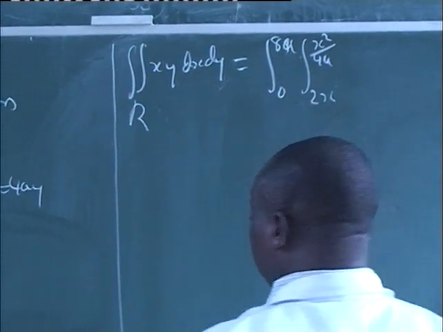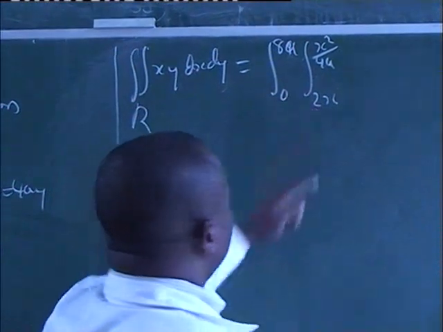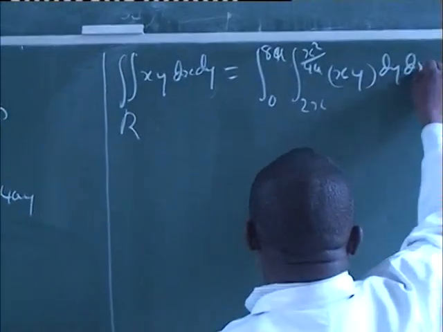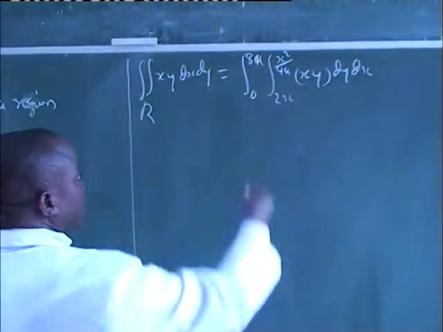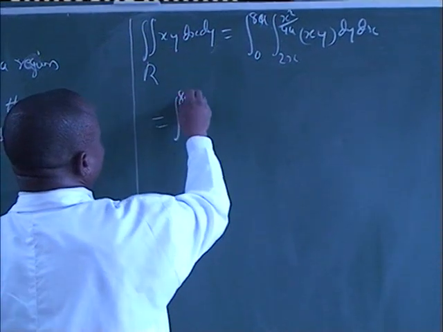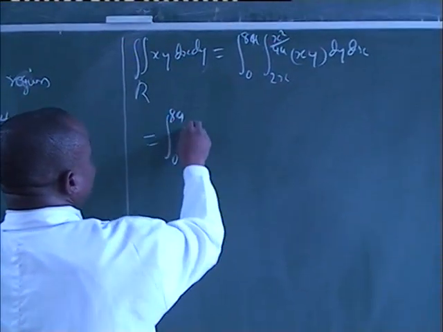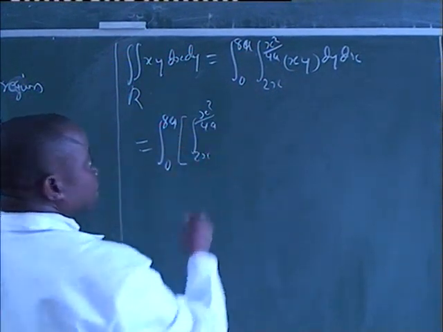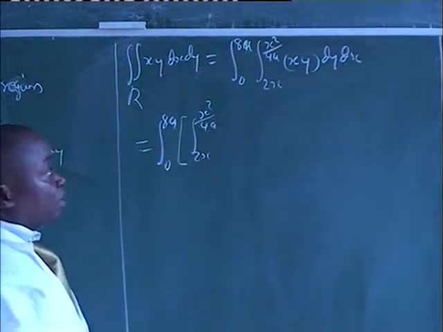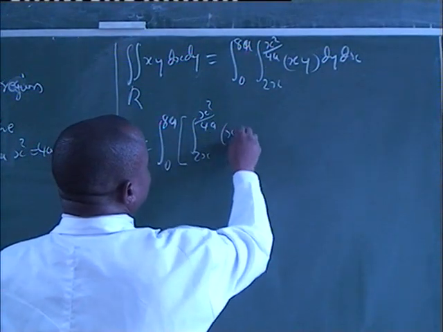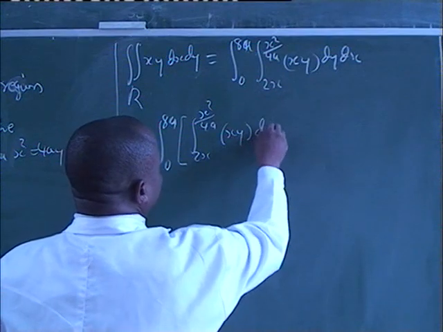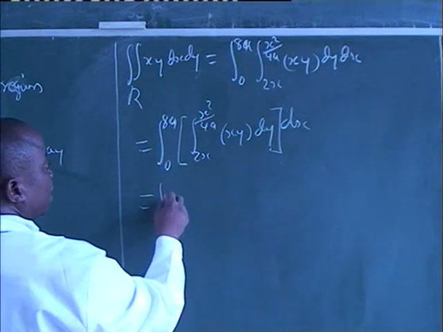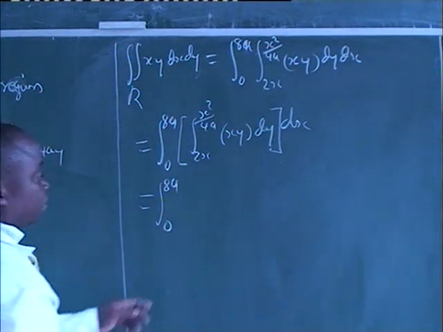Yes, to 2x. x squared over 4a to 2x of xy, then we have dy dx. Now, let's integrate with respect to y first. Then we'll have the integral x squared over 4a to 2x, which is this, and then we also have xy dy dx. So we have the integral 8a to 0.